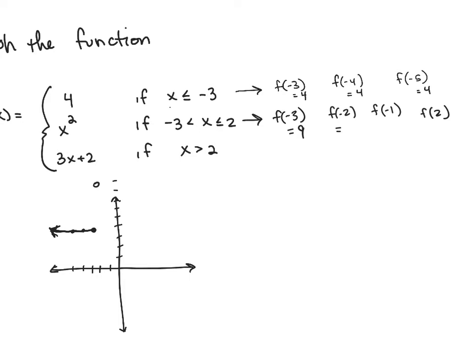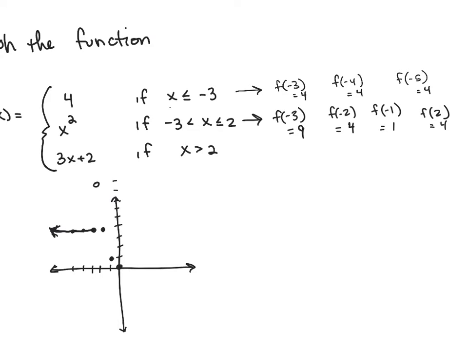If you plug in -2, squared is 4. So (-2, 4) right here. If you plug in a -1, we get 1, and 0 gives 0, and then f of 2, if we plug it into 2, we would get 4.